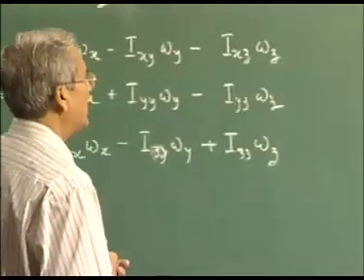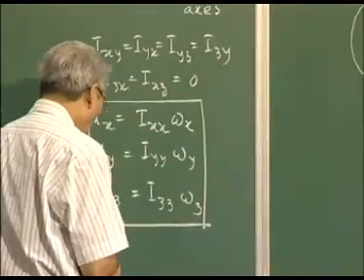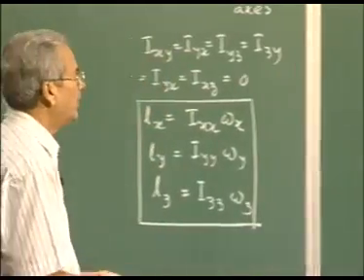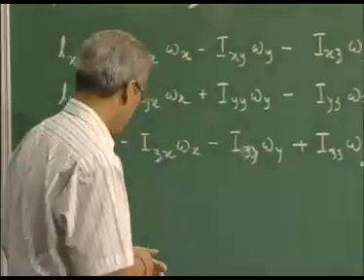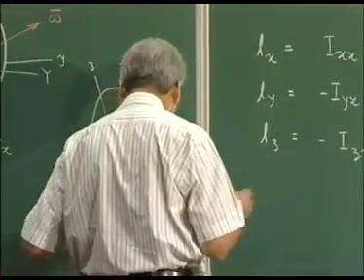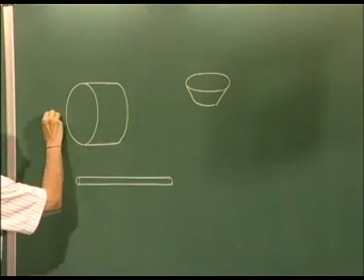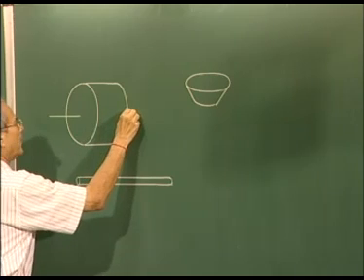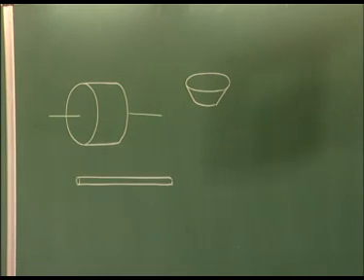If the body is symmetric, then all axes of symmetry will be principal axes. So, in the case of that roller, for example, one axis of symmetry is very obviously this one. So, this will be one principal axis.